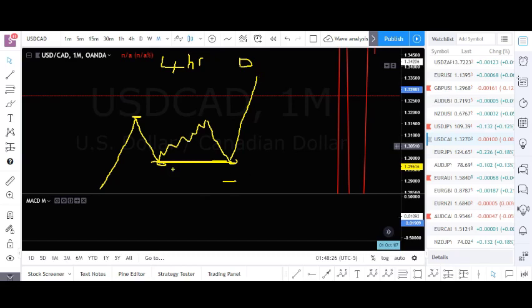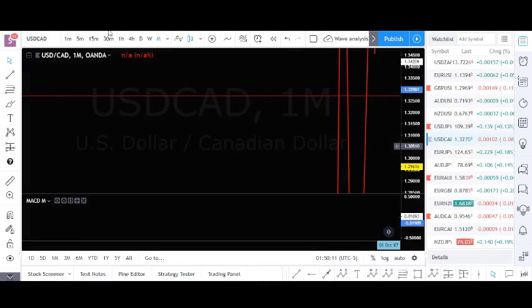So the rule is you have to have divergence when you get to this spot to be able to do this. If you don't have divergence, don't do this. This is a pretty risky trade, for seasoned traders, and as you can see, your risk to reward is exceptionally good. Sometimes you get a risk to reward of 8 to 1, 7 to 1, and we'll go and look at some examples in the charts.